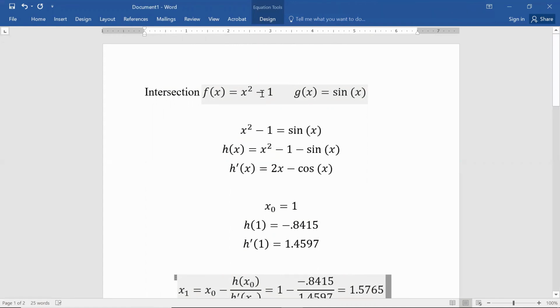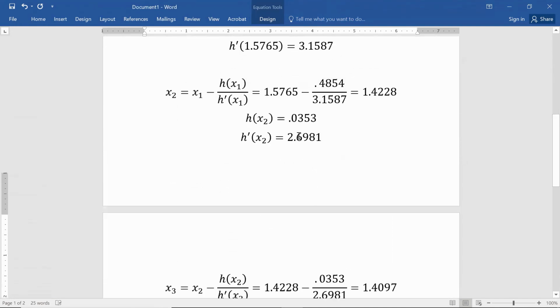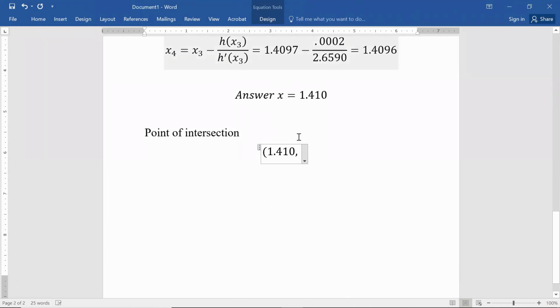And if I plug 1.410 into g of x, I get about 0.987. So if I rounded to 2 decimal places, it'd be about 0.99. If I rounded to 3, it'd be 0.988 or 0.987, depending on which function I plug into. So let's round it to 2 just so that it doesn't matter which function we plug it into. So the point of intersection is 1.41, comma 0.99.